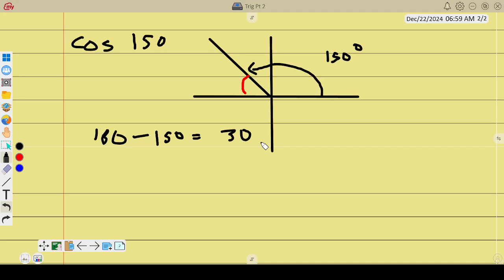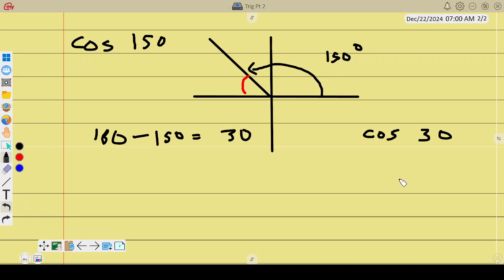So at this point, instead of writing cos 150, we can actually write cos 30. My 3 is very bad. Okay, so we'll write cos 30.